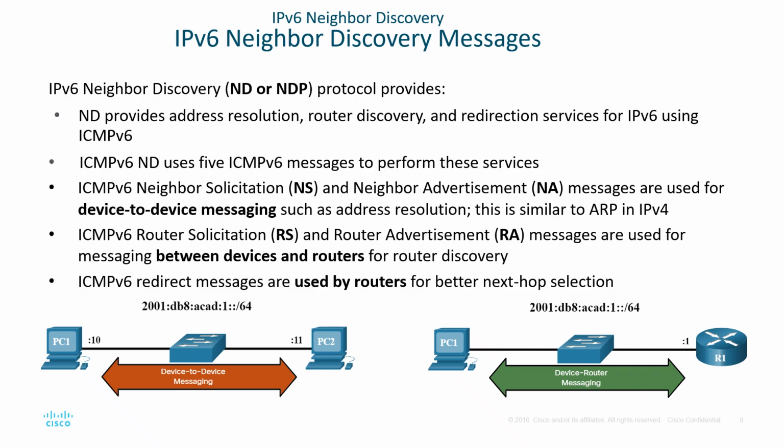A neighbor solicitation, identified as an NS, and a neighbor advertisement. These messages are used for device-to-device messaging, such as address resolution. So this is very similar to ARP in IPv4.